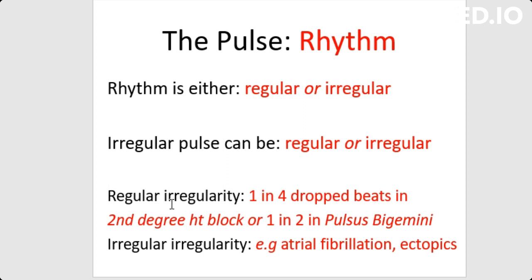Now for regularly irregular, this is when there is 1 in 4 dropped beats in second degree heart block, or 1 in 2 dropped beats in pulsus bigeminus. I'm going to describe pulsus bigeminus in the next slide. Now for irregularly irregular, this occurs in atrial fibrillation and the ectopic beats and premature beats.